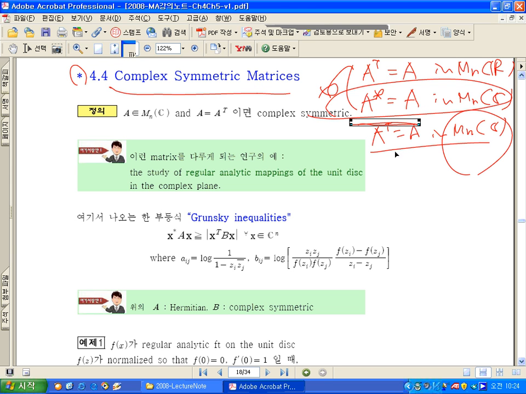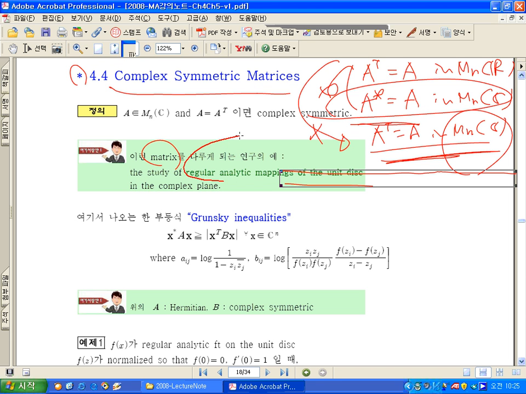But the complex symmetric matrix is not a direct generalization of the real symmetric matrix. This is a different class of matrices. Okay, we need to know about the properties of this complex symmetric matrix. This is needed in the study of regular analytic mappings of the unit disk in the complex plane.